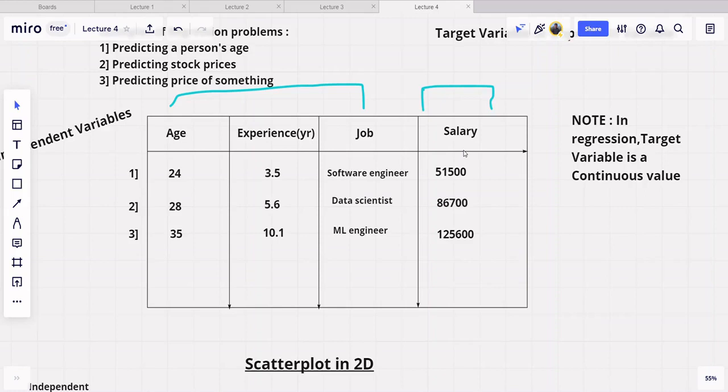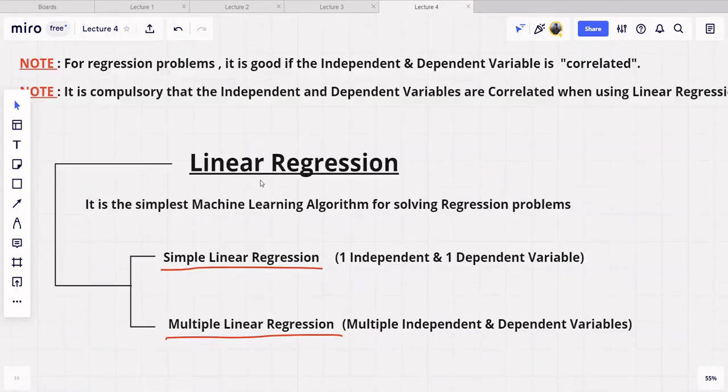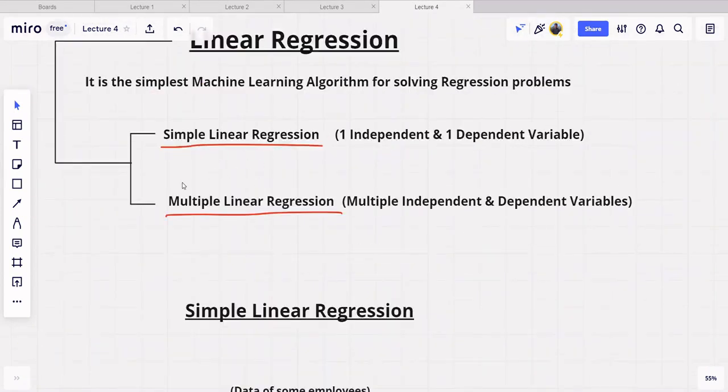But in situations where we have many independent variables, let's say we want to predict salary using age, experience and job role, in this case we have multiple independent variables like age, experience, job. We have a total of 3 independent variables and one dependent variable which is salary. In this case we won't be able to use simple linear regression. We have to use multiple linear regression.